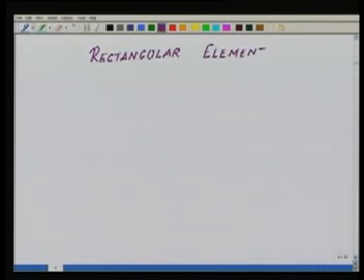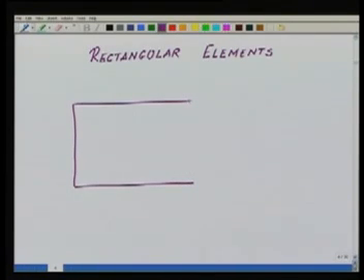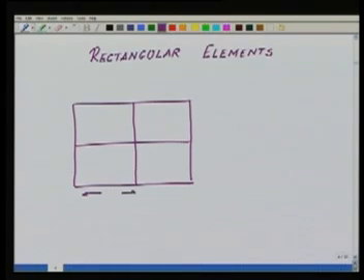So instead of meshing my simple domain that I had taken earlier, this rectangular domain, instead of meshing it with triangles, I could have meshed it with quadrilaterals, or with rectangles, okay, such that the size here is h1, the size here is h2.